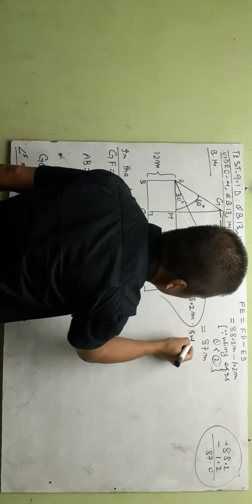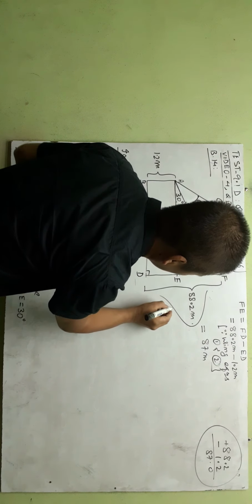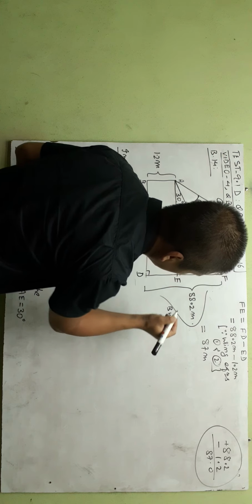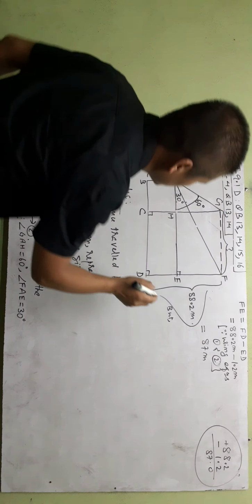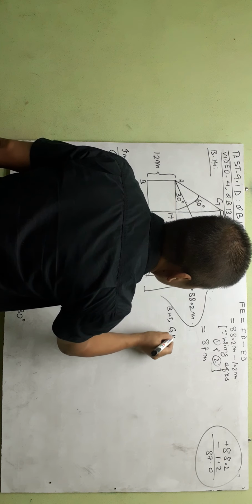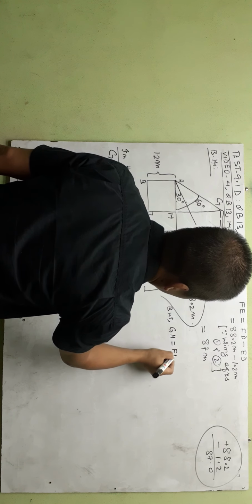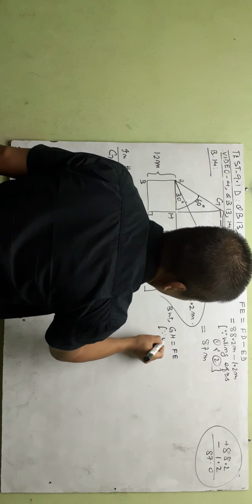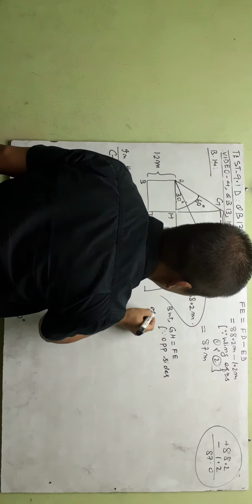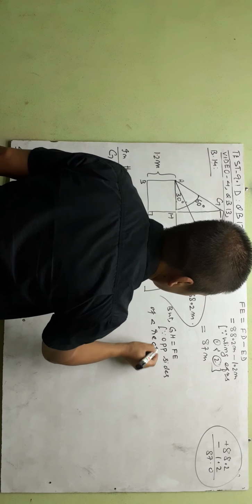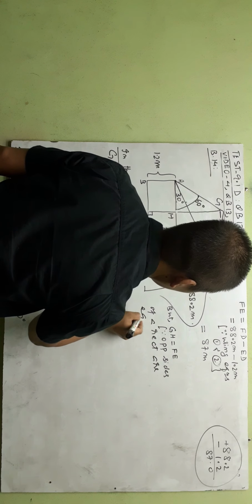But we know here, we can do it below here. But very clearly here, you can see that these two are equal again. So you can write here, GH is equal to FE. The reason for this is because opposite sides of a rectangle are equal.